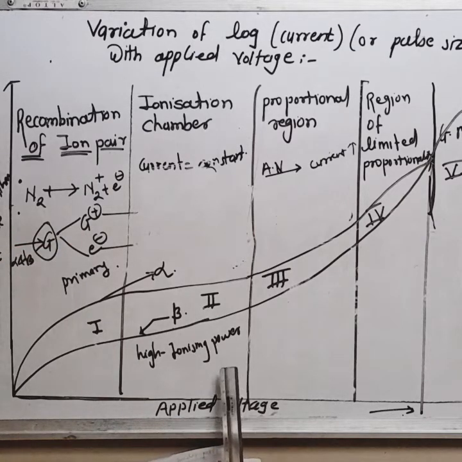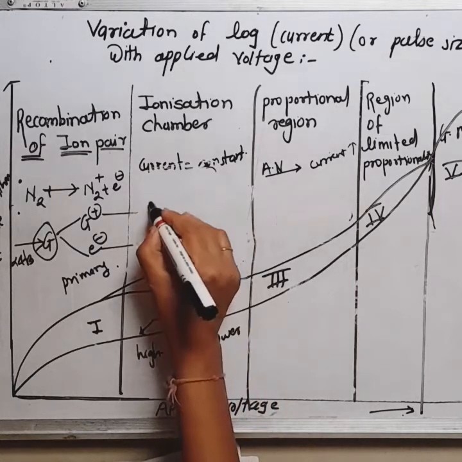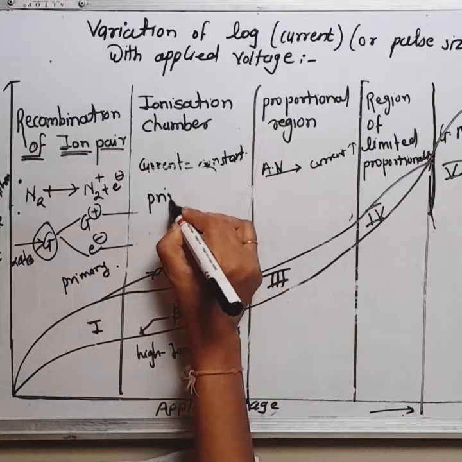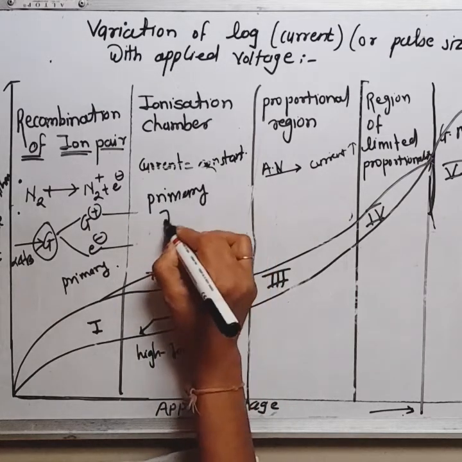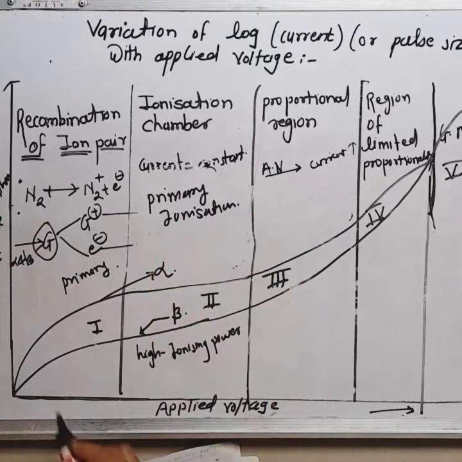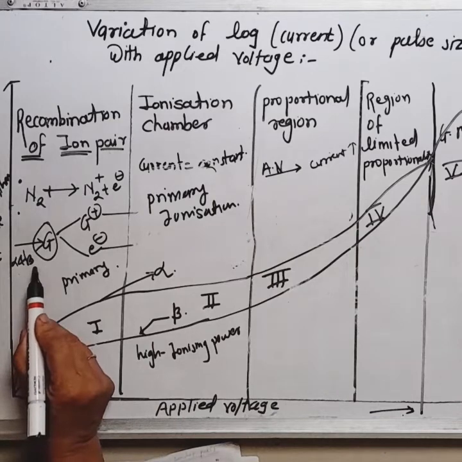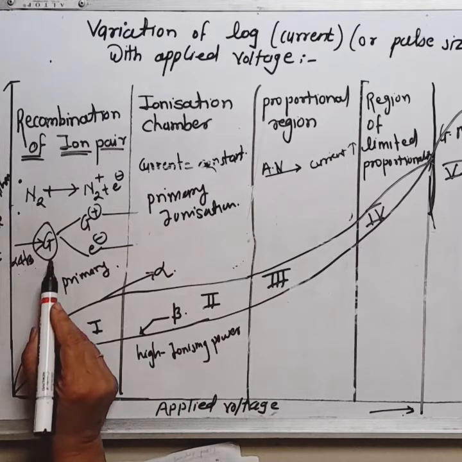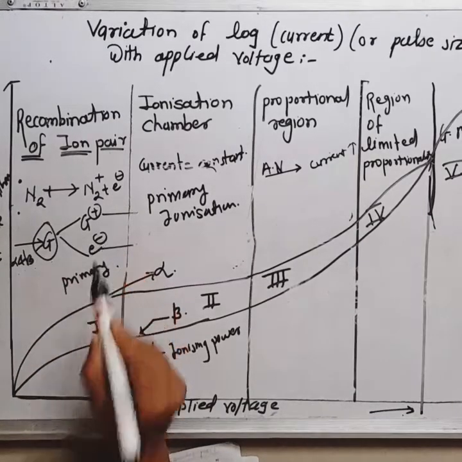Now the second chamber is the ionization chamber. In this chamber the current is almost constant, and this chamber is completely based on primary ionization. Primary ionization means how much alpha and beta particles interact with the neutral gas molecule to form the ion pair.